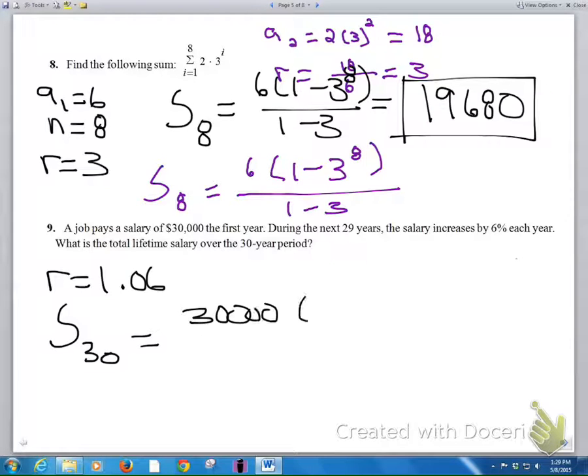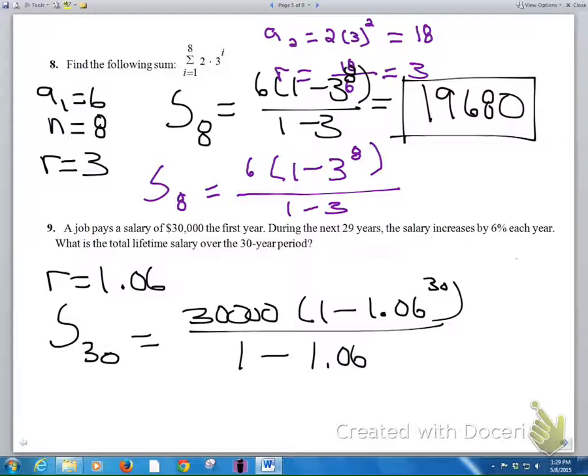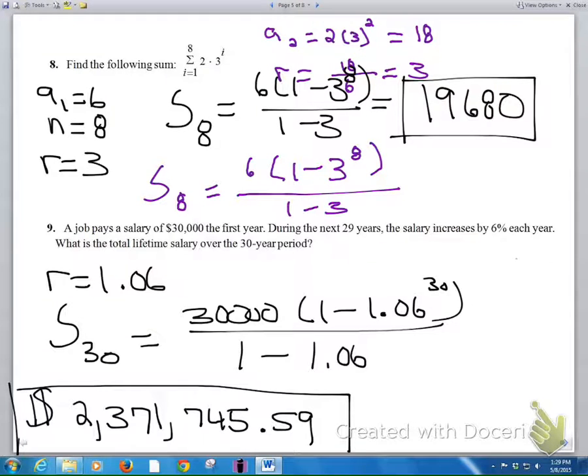So S sub 30 equals 30,000 times 1 minus 1.06 raised to the 30th over 1 minus 1.06. So you plug that into your calculator, and that's how much money you get.